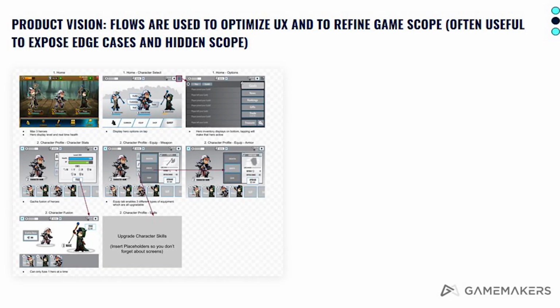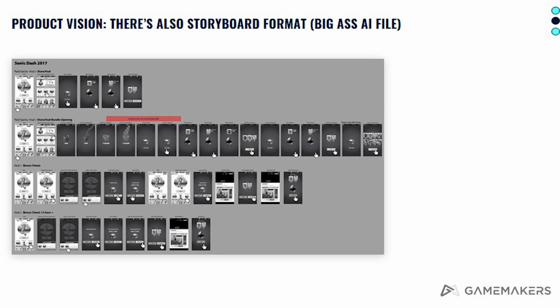But again, trying to understand how the game plays and understanding the scope. And here's another way that you can create a user flow, which is through something I call the big ass AI file. But it doesn't matter exactly how you do it, but that this kind of a tool and this kind of an understanding from the whole team is there before you start production.